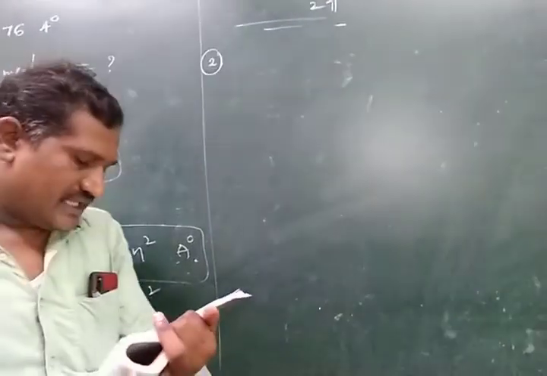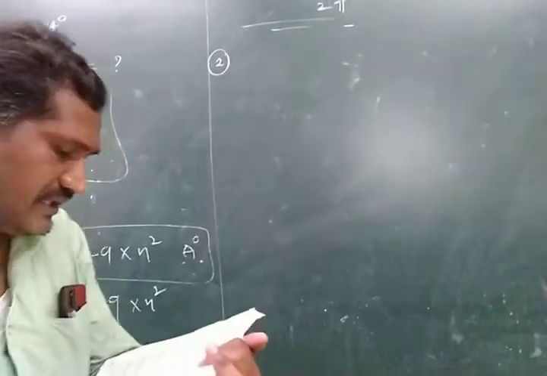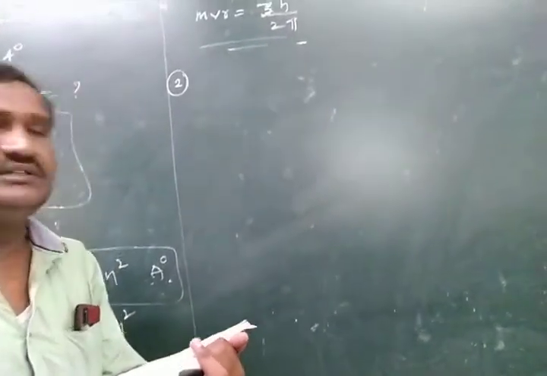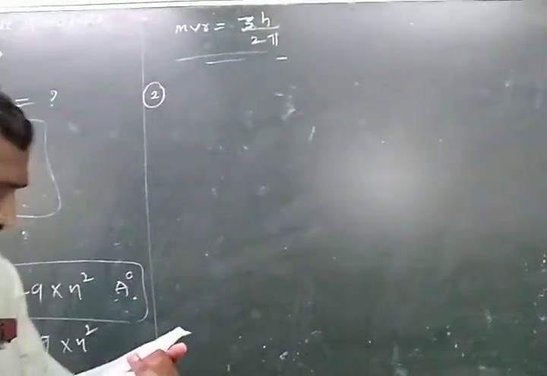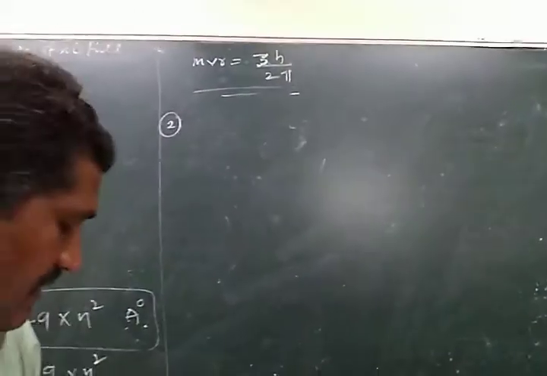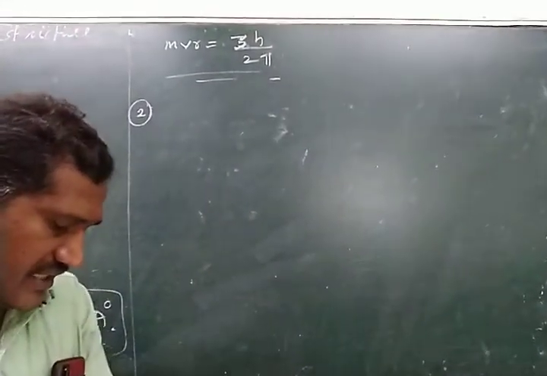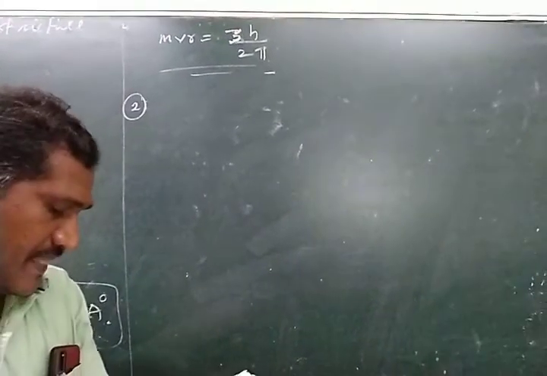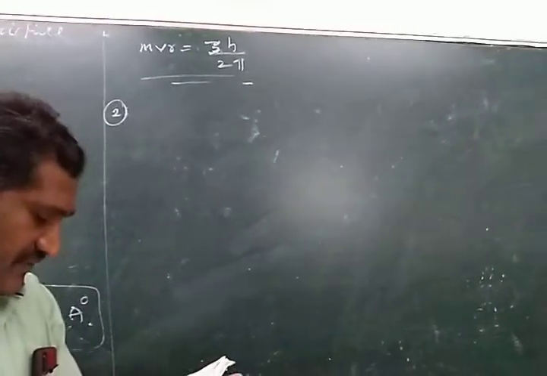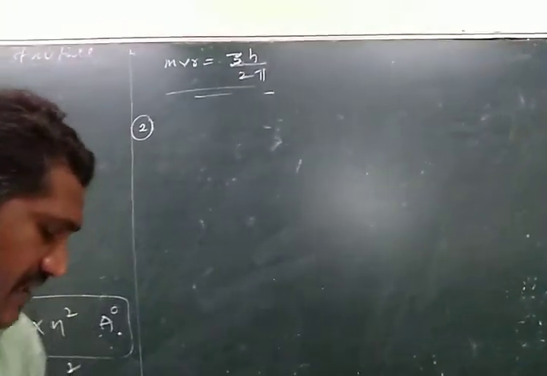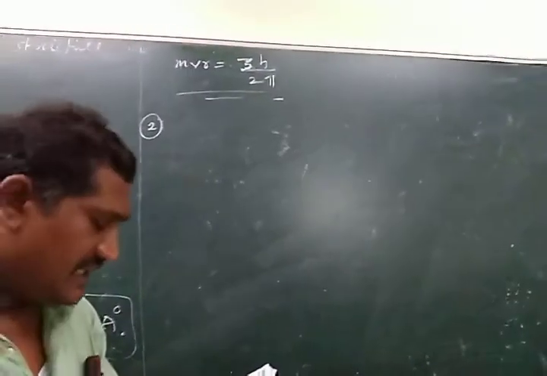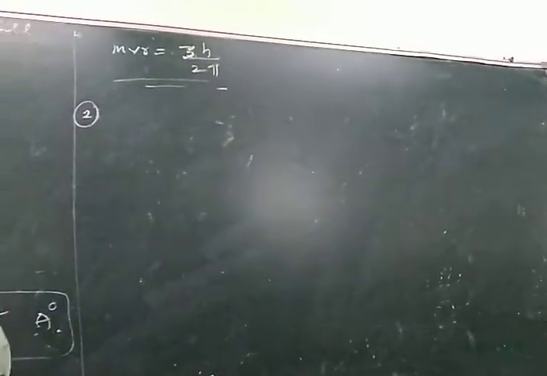The total energy of an electron in an atom is a combination of potential energy and kinetic energy. If the total energy is minus E for an electron in an atom, then what are its kinetic energy and potential energy?